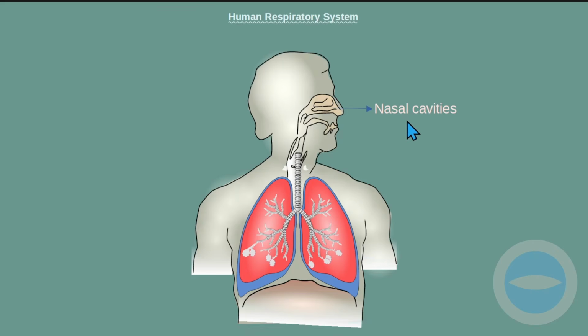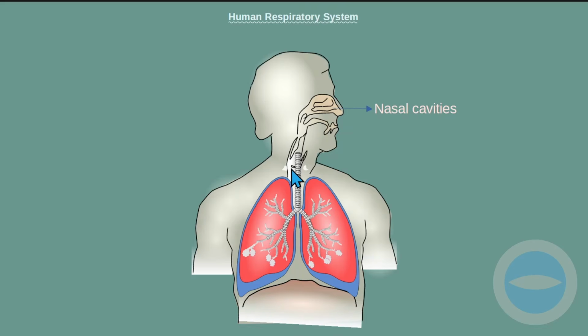This nasal cavity contains hair. This hair is used to trap foreign objects. The foreign objects that get inside our nose are trapped by the hair found in the nasal cavity. And then it has mucus. The mucus is used to trap dust. So this is the function of the nasal cavity.